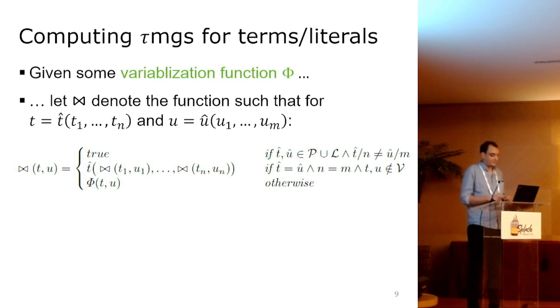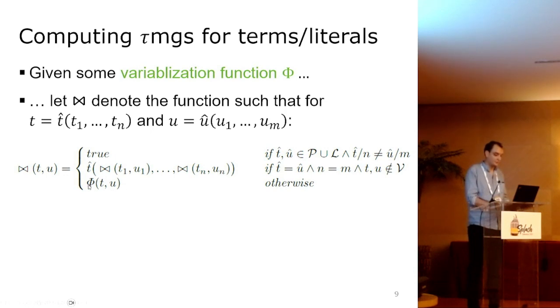If, however, the two symbols are the same and have the same arity, then we can recursively call the anti-unification function on each of the arguments. And whenever we have two different terms, that's the third case there.